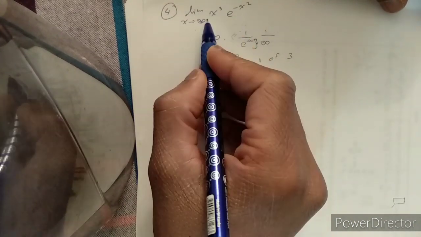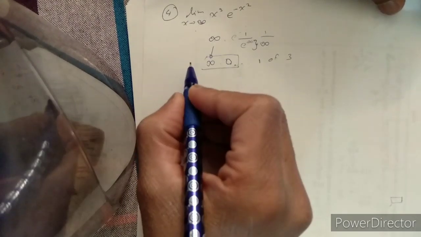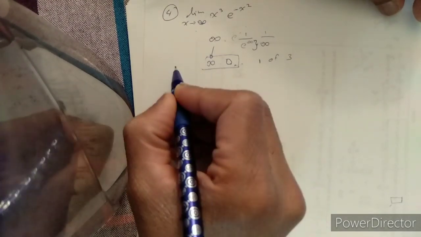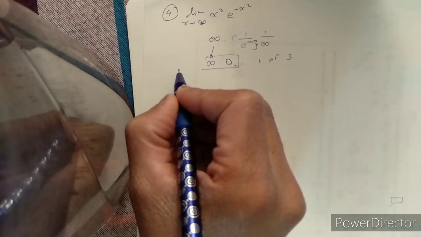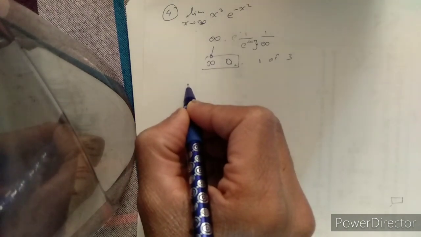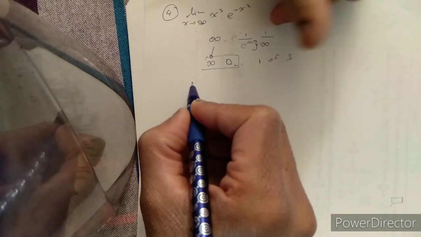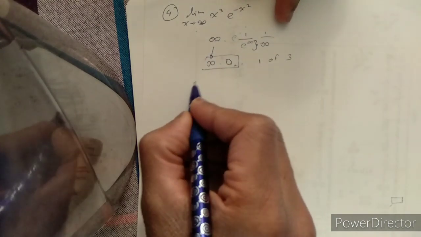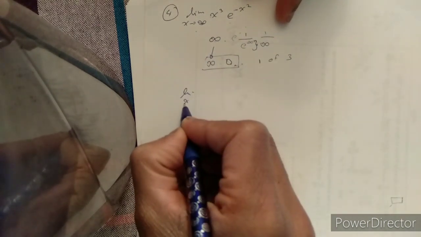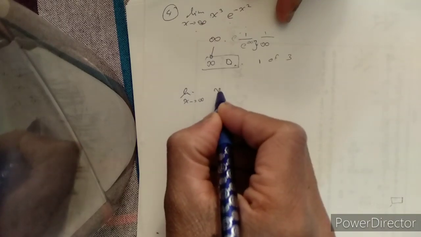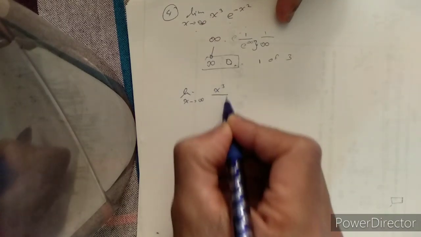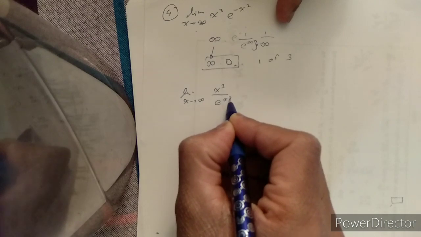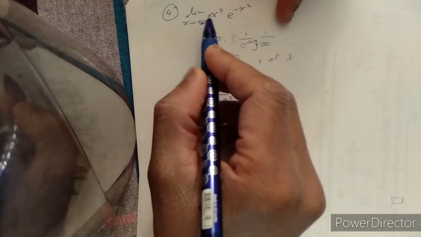Now, how are we going to rearrange this problem so that it falls under the required category? If we just rewrite this one as x cubed over e to the x squared, this is the same problem now.